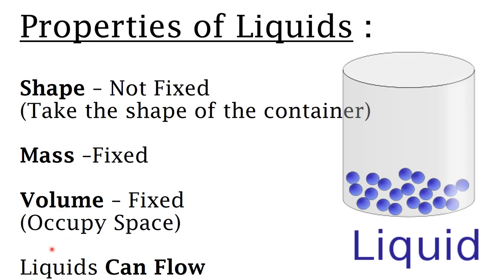It's interesting that liquids can flow. You can check here, the particles of liquids do not have a fixed shape. In whichever container they are kept, they take up the shape. Mass and volume of these particles is also fixed.